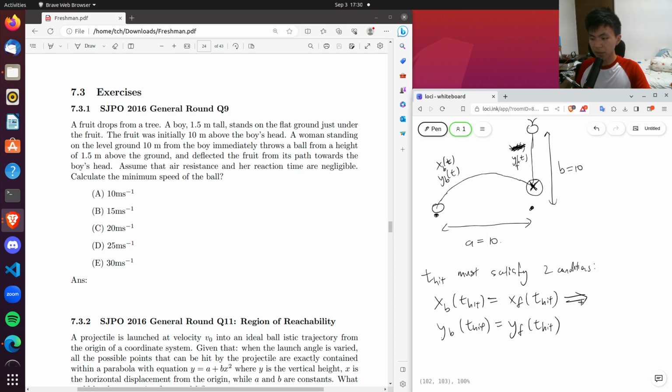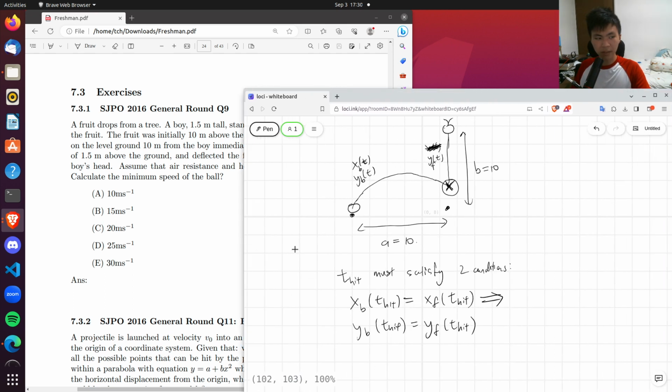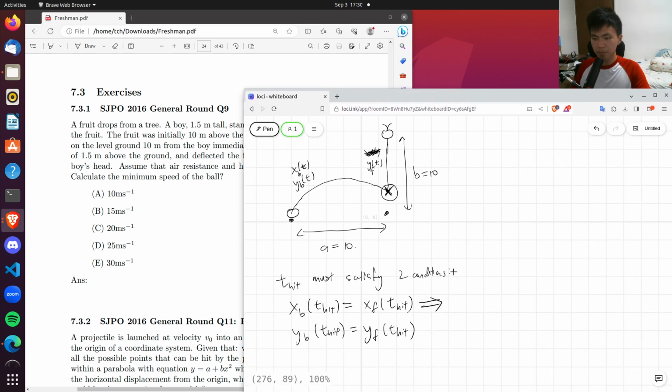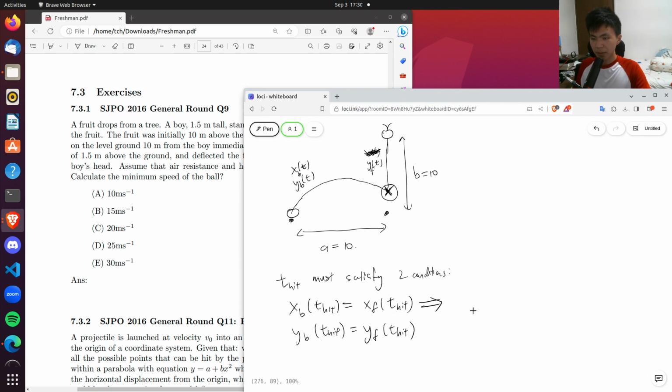Okay, so the first condition over here, let me just get a bit more space. Let the initial velocity be u, and the angle be theta. Then the first condition is simply saying that u cosine theta times t hit equals a.